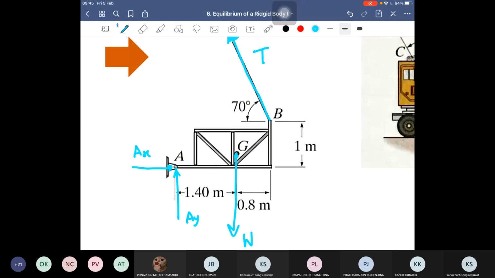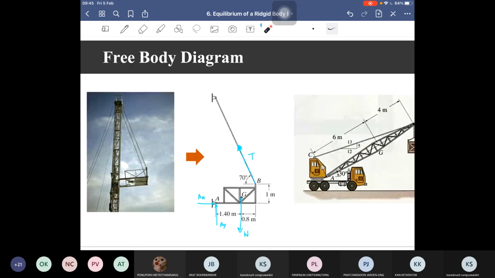So just suppose that it acts in this direction. Okay, so here are just examples of the free body diagram of each system.